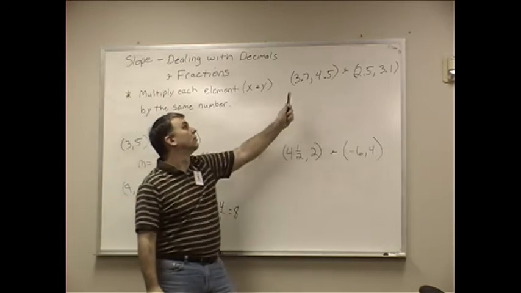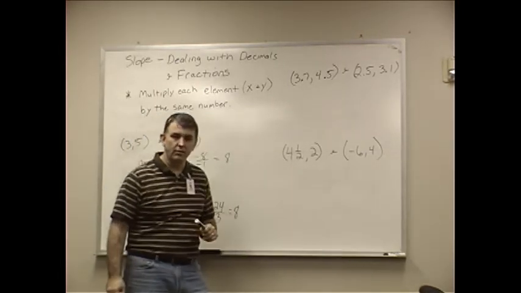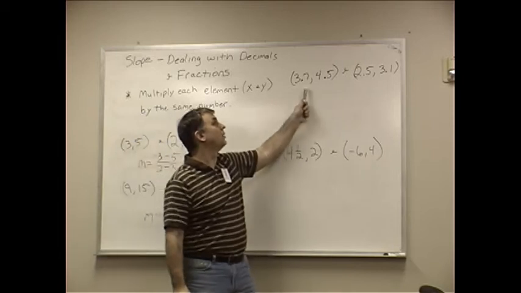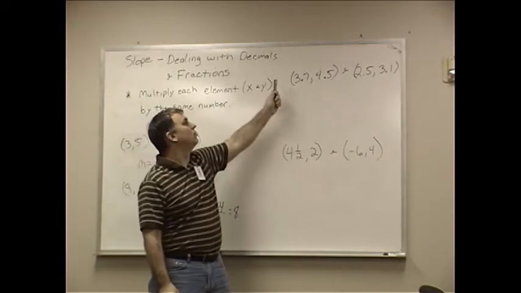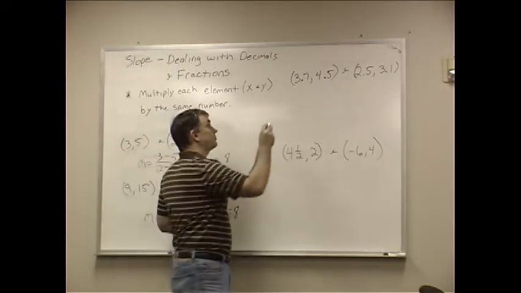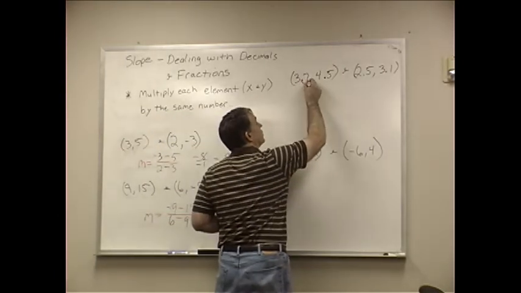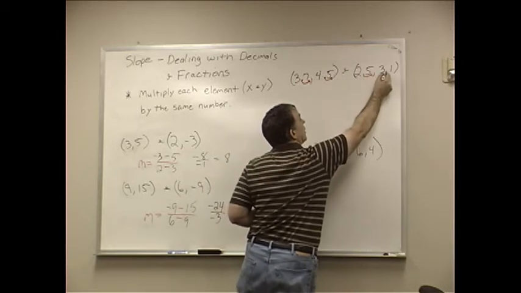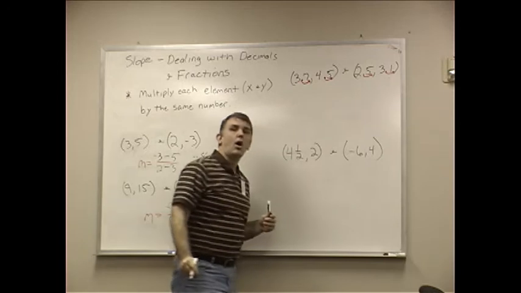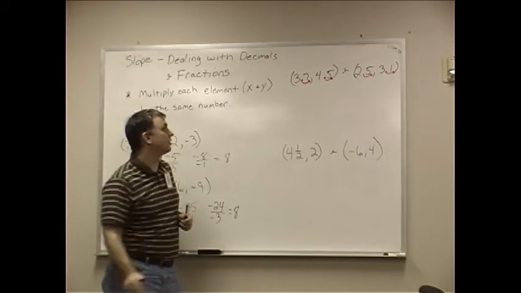But hey, there's a very simple way to get rid of decimals. We could multiply each of these by 10. When you multiply by 10, this is something they actually taught you back in about 6th grade, all decimals move 1 place to the right.